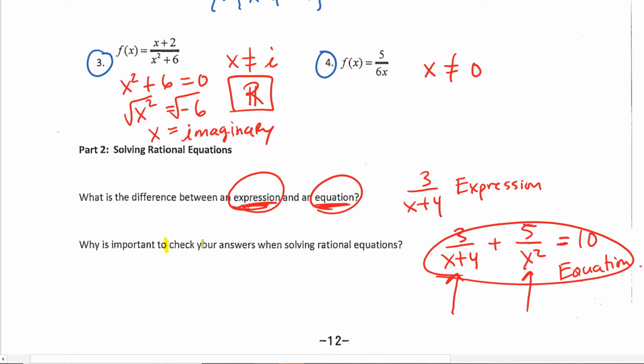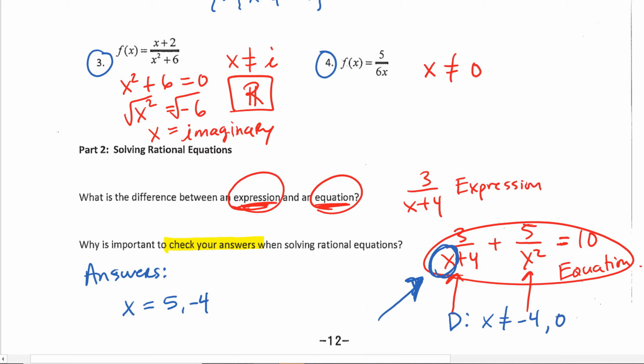Next line says, why is it important to check your answers? You must check your answers in this type of problem because let's say this right here was our equation that we solved. And let's assume for a minute that the answers we got were x could equal 5 or negative 4. Well, we come over here to our original problem and we say, uh-oh, we have a problem right here. The domain for the rationals in this equation are x cannot be negative 4 or 0.